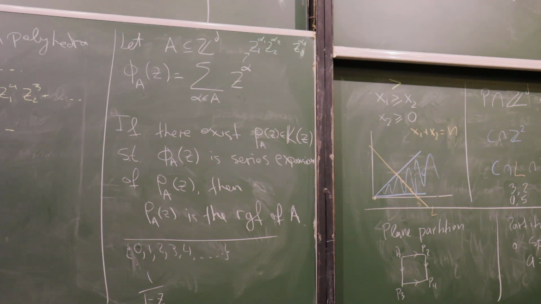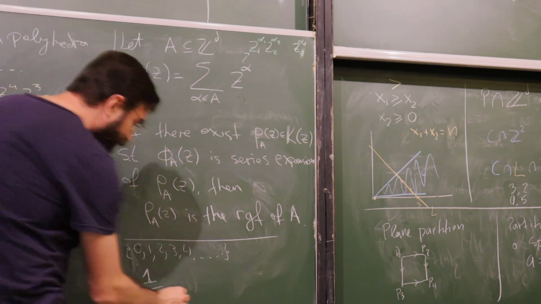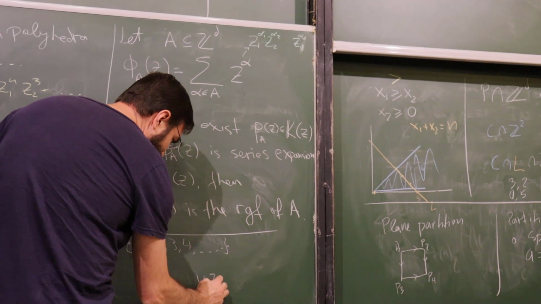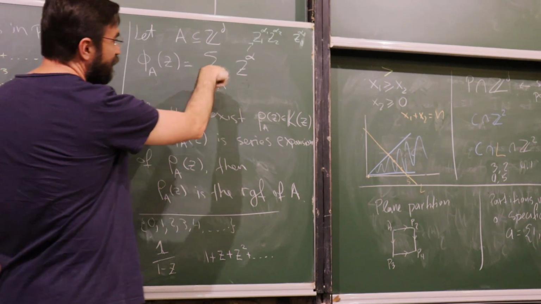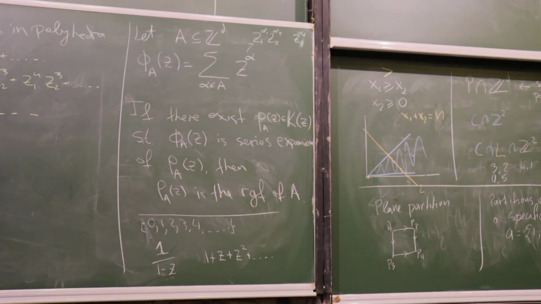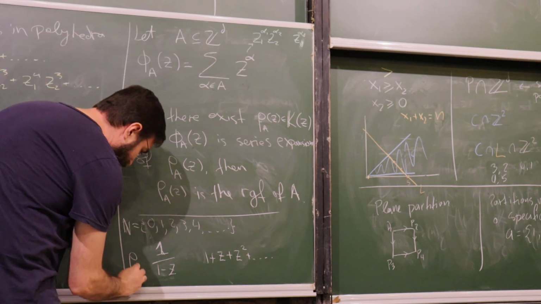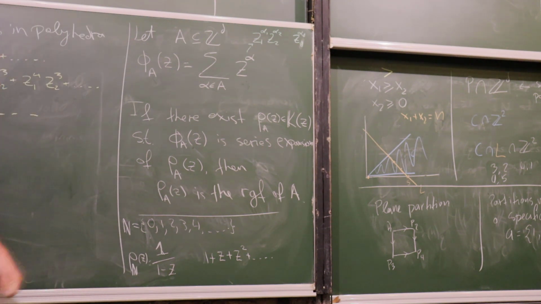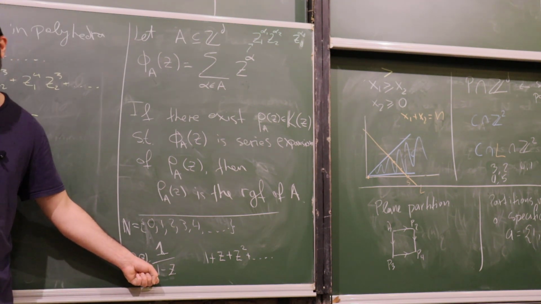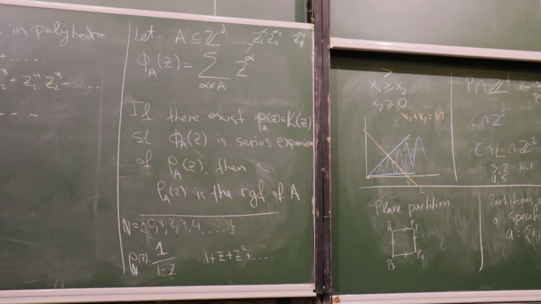If I expand this by the geometric series expansion theorem, then what I get is exactly the generating function of my set, of the natural numbers. And obviously I can write it down, and it is way smaller than writing all these things.